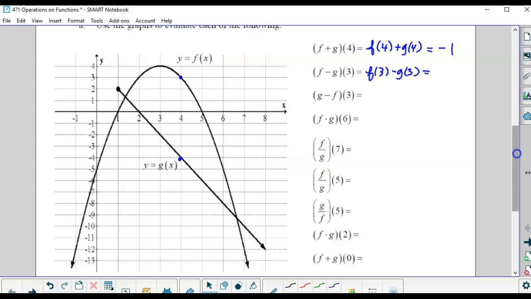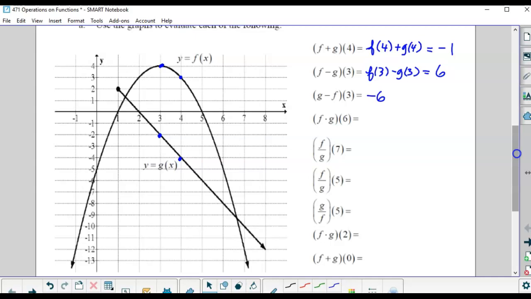So when x is 3, f is 4, and g is negative 2. So when you go 4 minus negative 2, you get 6. And then switching those around would be negative 2 minus 4, which is negative 6. So that makes sense. The order switches, so the sign switches.